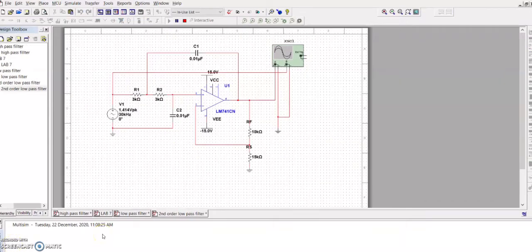For the third design, which is the second order low pass active filter, the circuit is constructed as shown here. We use R1 equal to R2, which is 3 kilo ohm, and C1 is equal to C2, 0.01 microfarad.